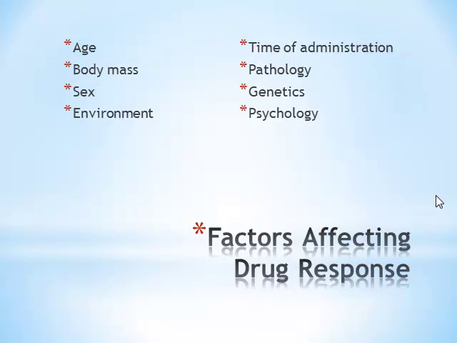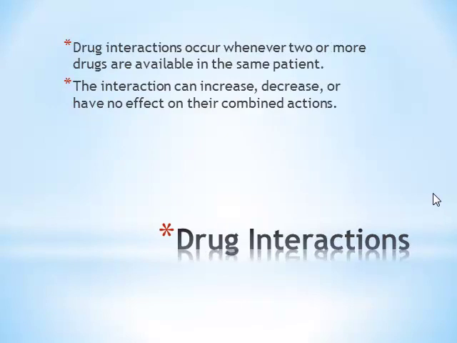The time of administration, did you give the right amount of time in between, or you give it too frequently or not frequently enough? Any type of other pathological disorders, for example, if we give a drug that has a lot of liver clearance and we have someone who's in hepatic failure, we may not clear that drug as well. Or the same thing goes for somebody who has a renal clearance medication that they're taking and they have renal failure. Genetics and then psychology.